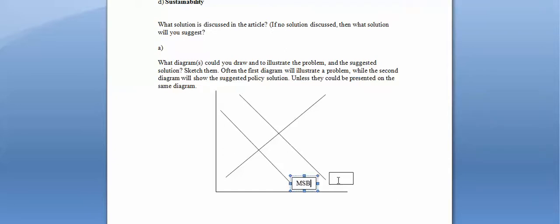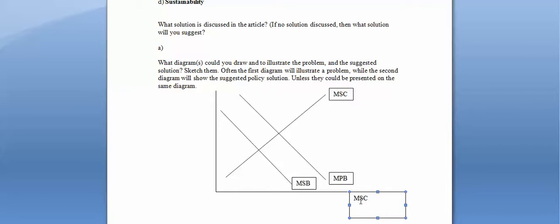Marginal social benefit is lower than marginal private benefit, and we have the marginal social cost equal to marginal private cost as the representative of the supply curve. And a good application of the article is to label the axes themselves linked to what the article is discussing.